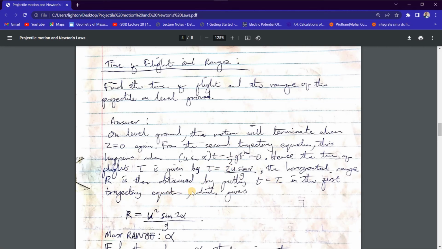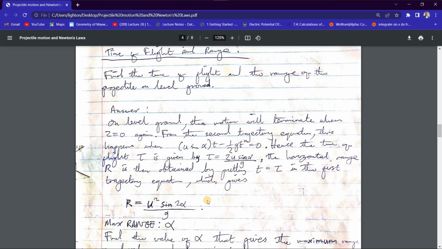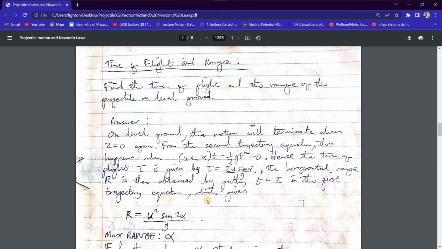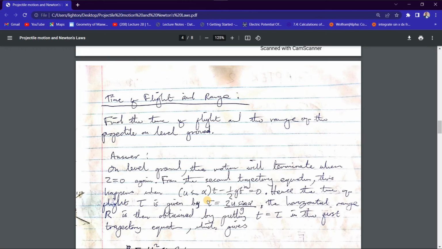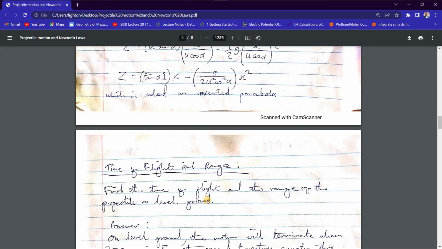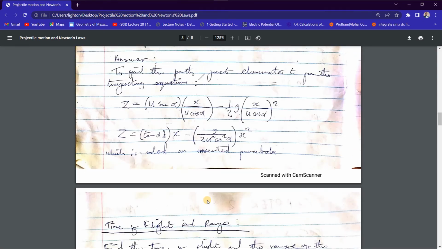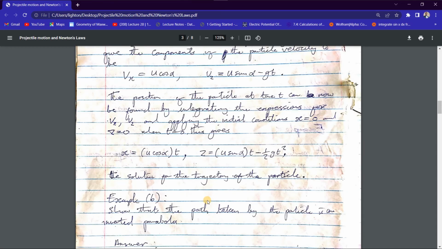Now, using this time of flight, we can get the range r, which is the horizontal position of a projectile. The range can be found in this equation using the time of flight.